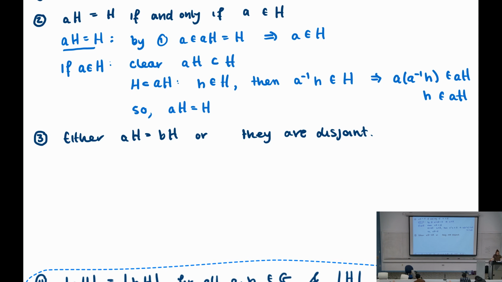Okay, so for 3, given an A and a B, we want to show that either AH is equal to BH or they are disjoint. So let's suppose they are not disjoint.